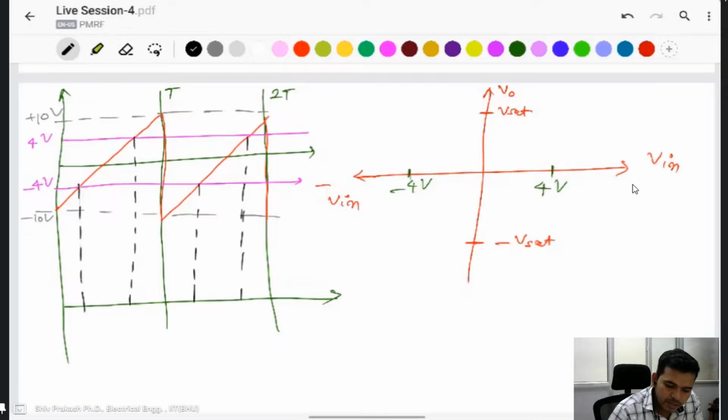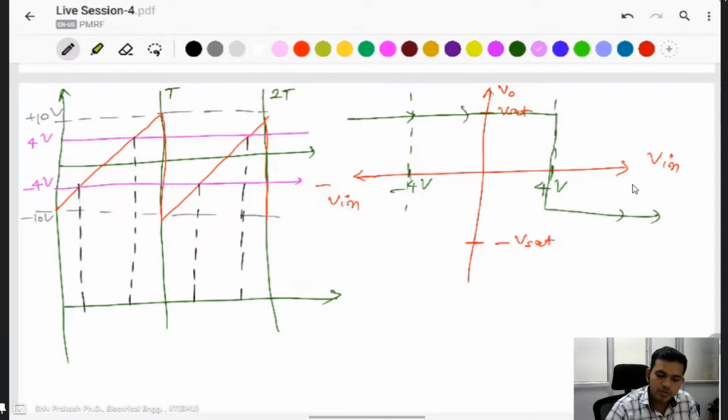In the Schmitt trigger, we will take the positive slope. Positive slope goes from negative to positive, like that. This is the cutoff area for plus 4, minus 4. This one is for the positive slope.